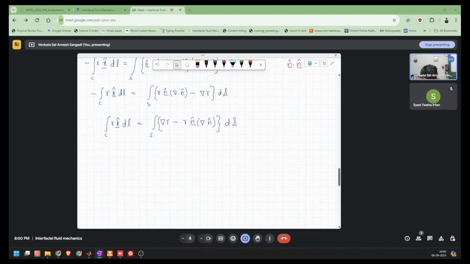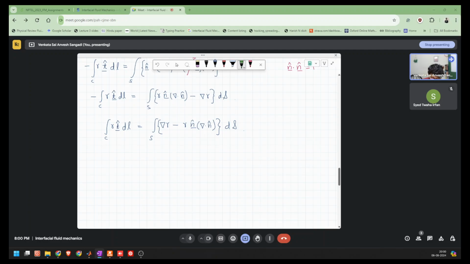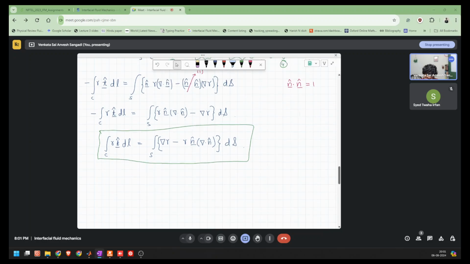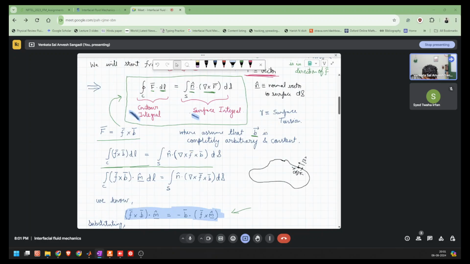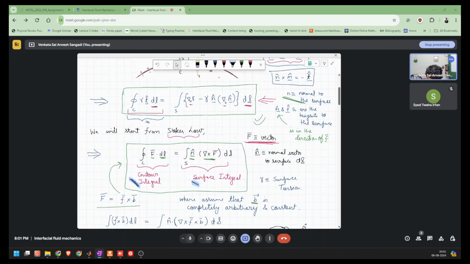Okay, so we have finally arrived at the initial expression that we wanted to derive. I'll make a box here. So this was the equation that we wanted to get: gamma times the tangent vector times dl is equal to the surface gradient of gamma minus gamma times n cap, the normal vector, into the curvature term, which is del dot n cap.